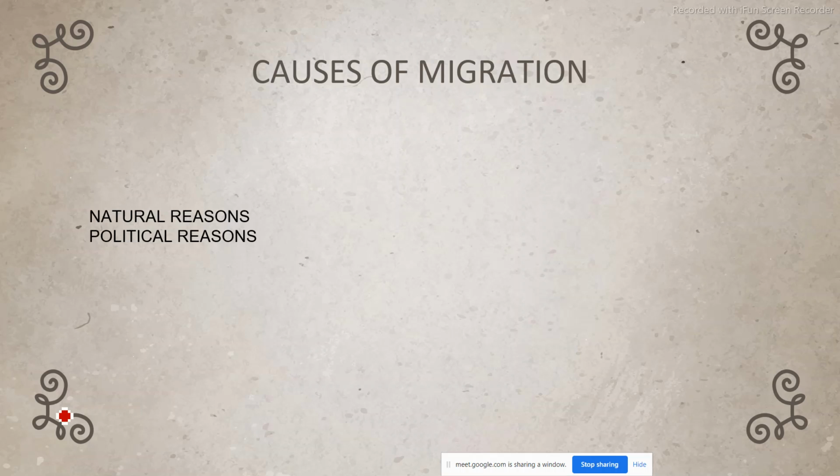So they feel unsafe and leave that area. Or sometimes the political leaders get into wars, but people who are not interested in war and don't want their near and dear ones to get affected leave that area.